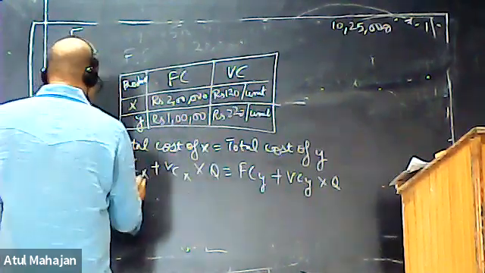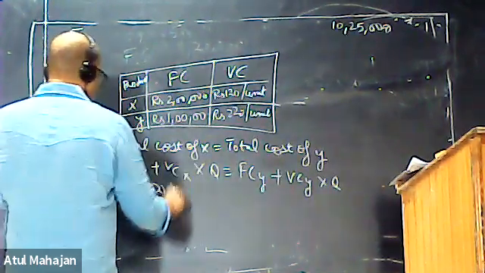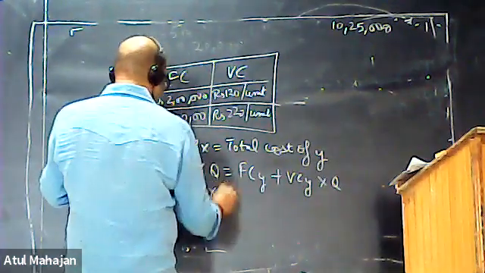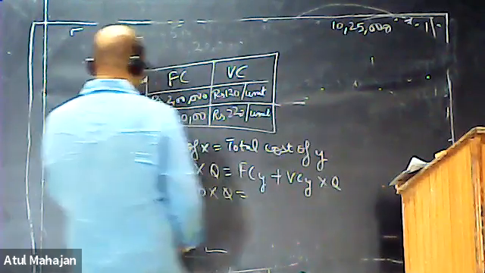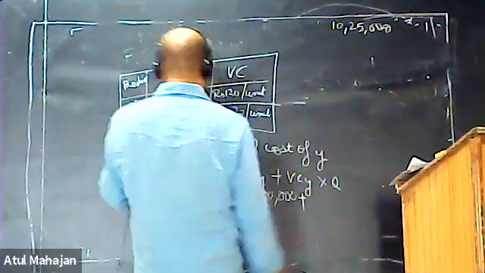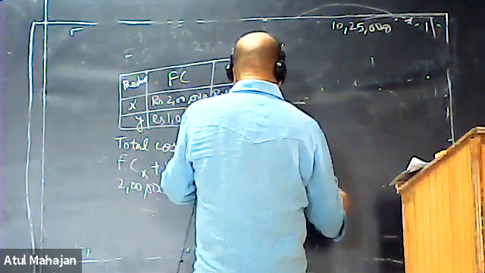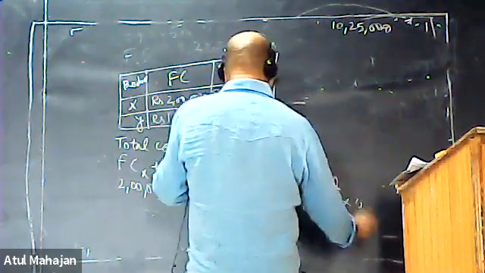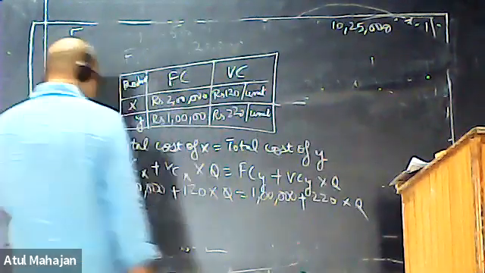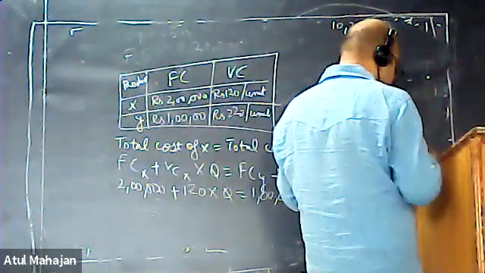Yes, we have 2 lakh, which is the fixed cost of product X, then variable cost is rupees 120 into Q, equal to the fixed cost of Y, which is 1 lakh, plus the variable cost of Y, which is 220 into Q. Okay. Now just calculate it.